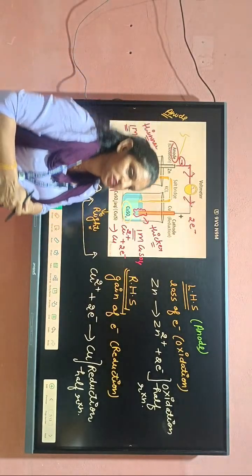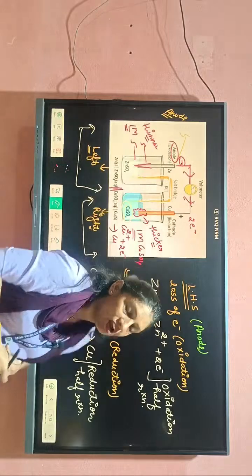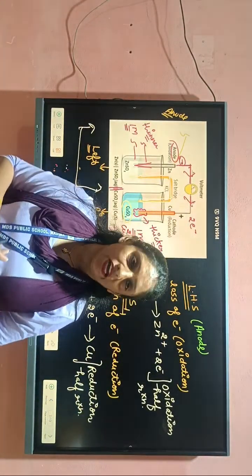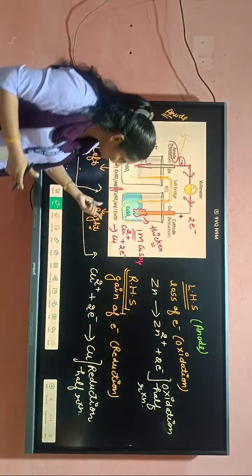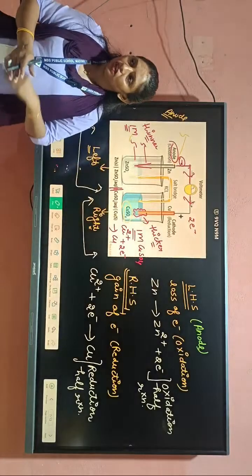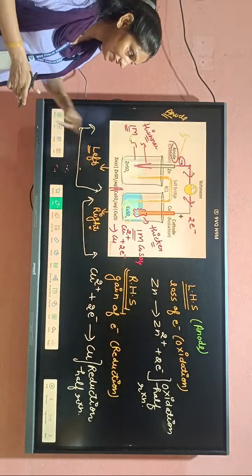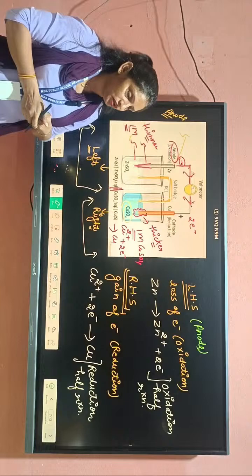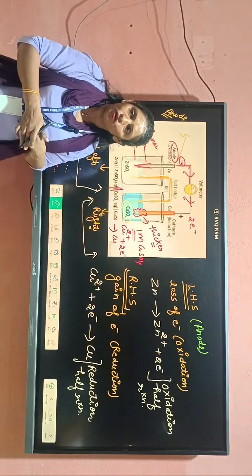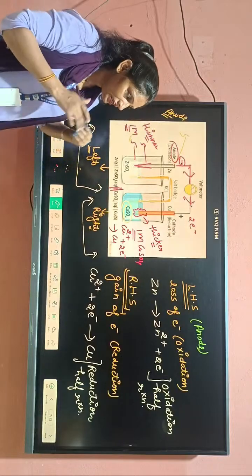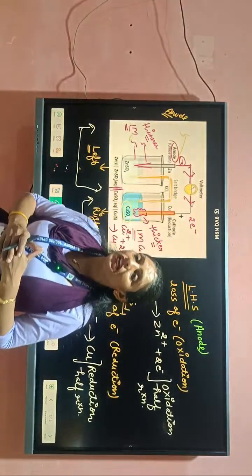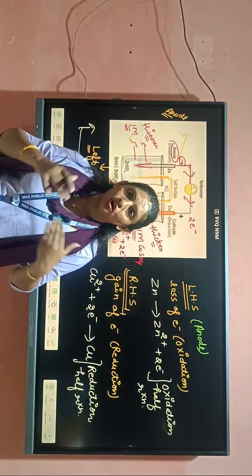Standard conditions means temperature 298 Kelvin, pressure 1 atmosphere, and you know very well the concentration is fixed at 1 molar. So the potential difference we calculate here is known as the standard electrode potential.